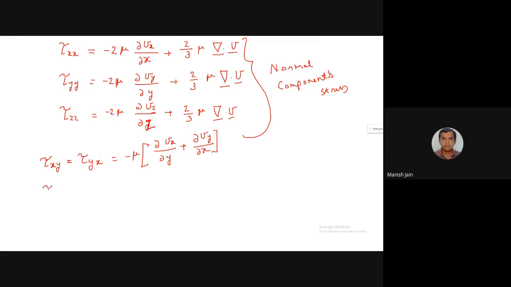Similarly, tau yz equal to tau zy, that is equal to minus mu del Vz divided by del y plus del Vy by del z.